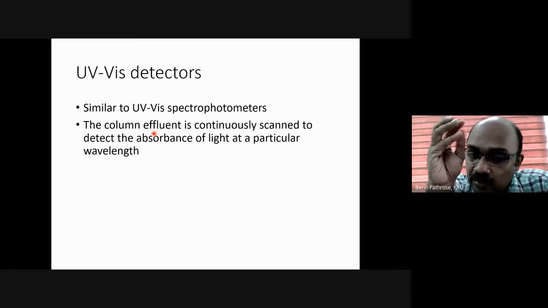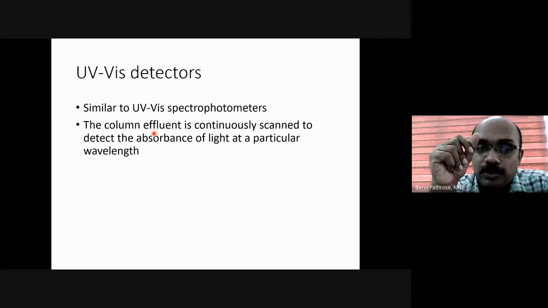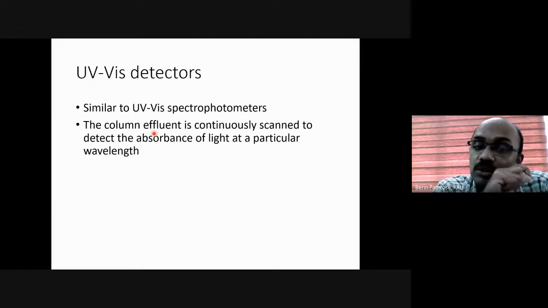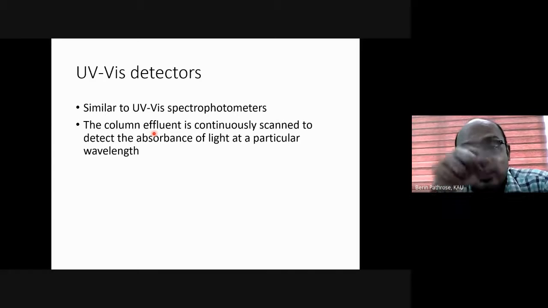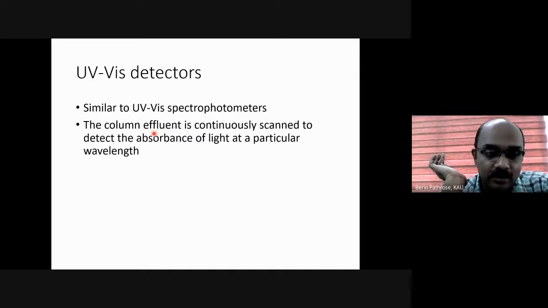We will fix the wavelength at the particular wavelength where the compound has absorbance, and the column effluent, that means the solvent coming out of the column, will be scanned at that wavelength, and if there is any absorbance we will detect it because of the compound.